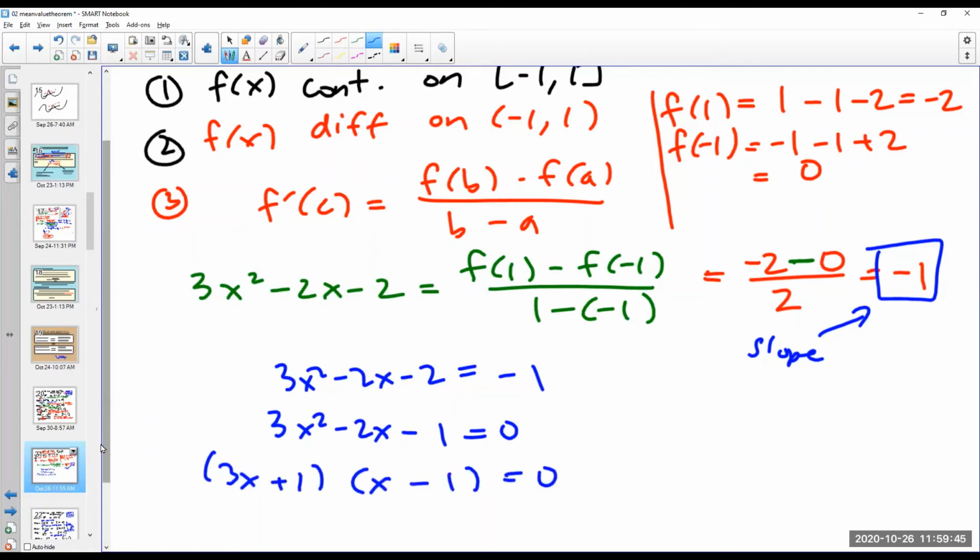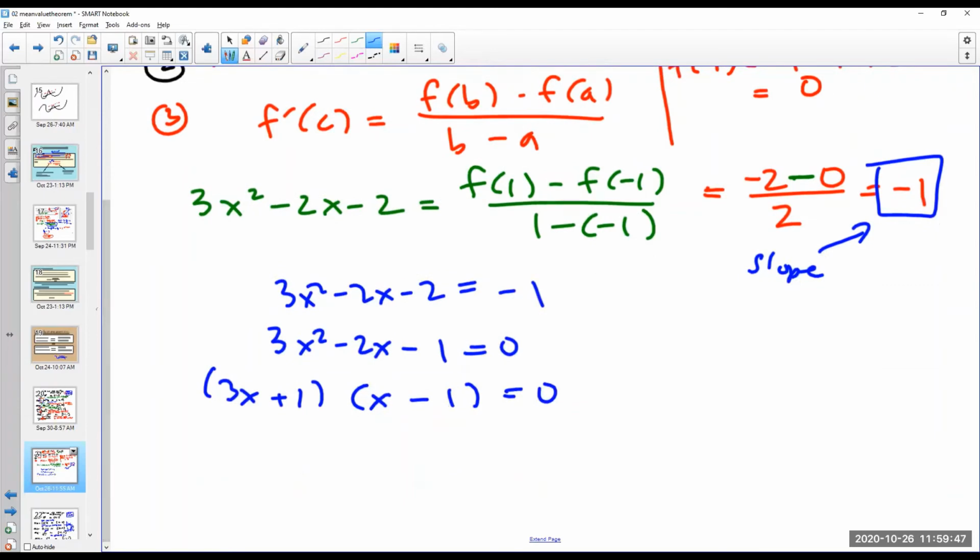Then you want to factor the left side. And if I have something times something equal to 0, then one of these somethings is going to be equal to 0. So I set each of them equal to 0, solve for x. Okay, so if I did this right, I have x is equal to -1/3 or x is equal to 1.